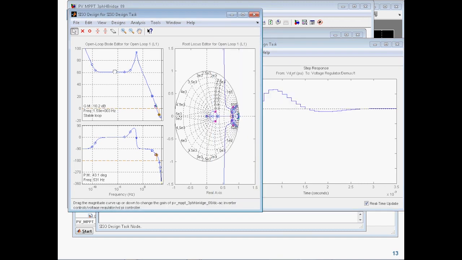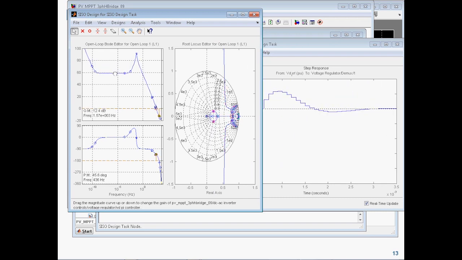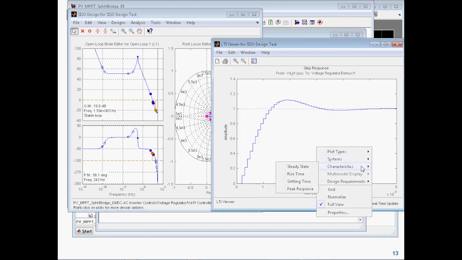So I can interactively tune it. Notice that I can move it up or down. As I move it up and down, I can see how the response is changing. And I don't need it to be that fast, so I can slow it down a little bit, maybe there. And you can actually look at the characteristics of the response.